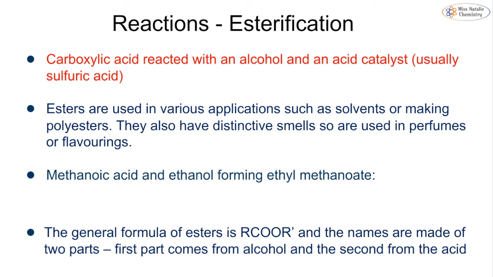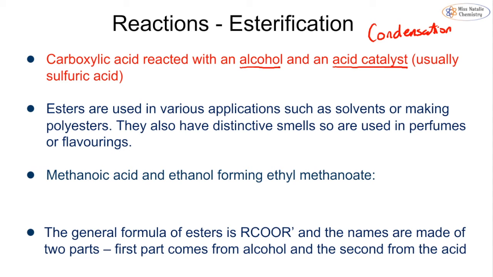The last reaction that we have to know is an esterification reaction, and this is how we form an ester, sometimes also known as a condensation reaction, because we're going to make water, and it requires the carboxylic acid to react with an alcohol and an acid catalyst, which is typically sulfuric acid.